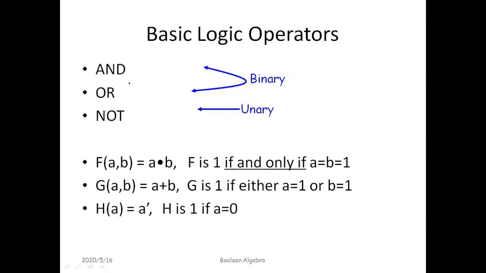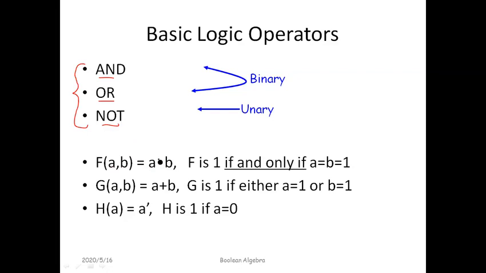So the basic logic operators are three in number, which are the AND, the OR, and the NOT. Then down here we have their representations. So we have f(a, b), which are the variables, is equal to a dot b.